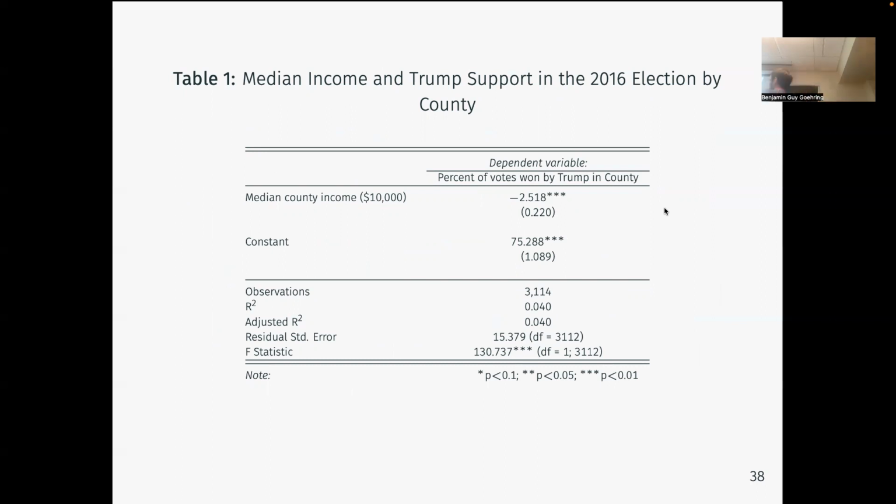Let's walk through this. Our dependent variable is the percent of votes won by Trump in a county. We're interested in the relationship between this and, in our case, just one independent variable, which is median county income.